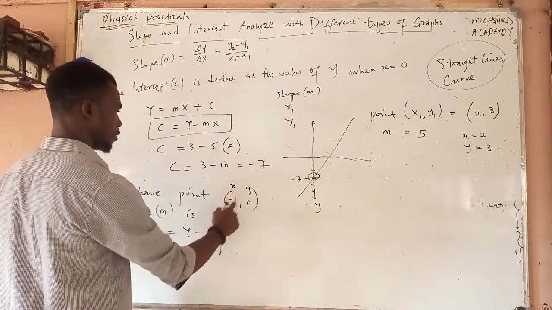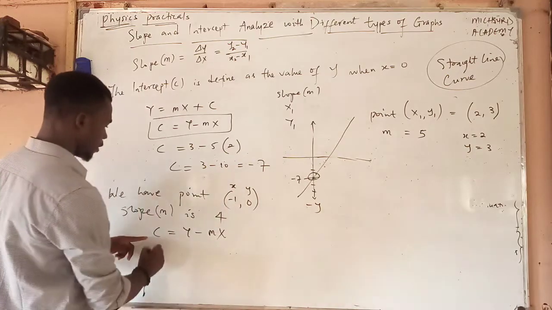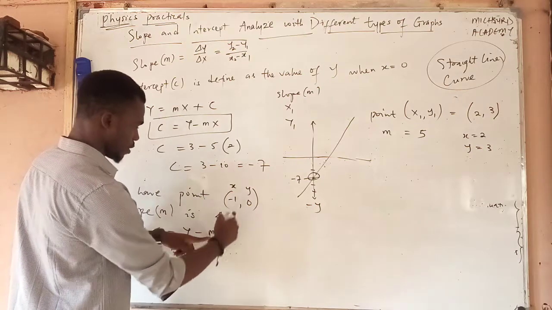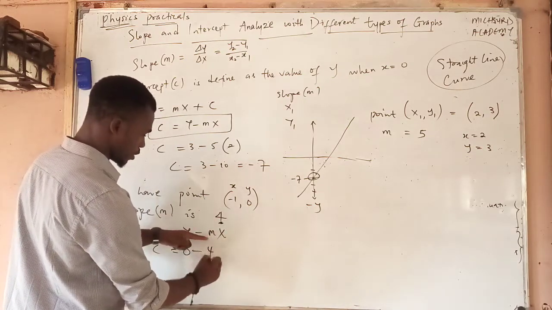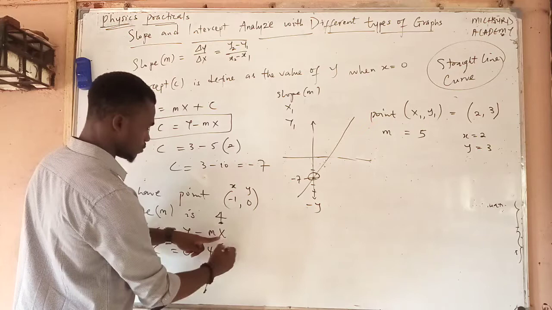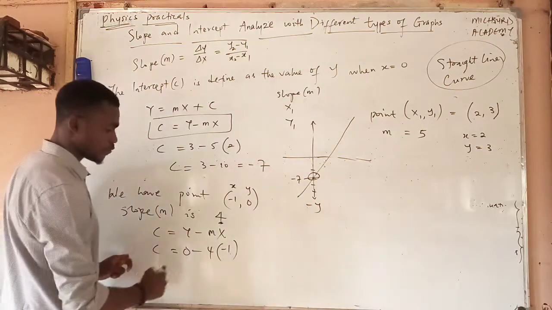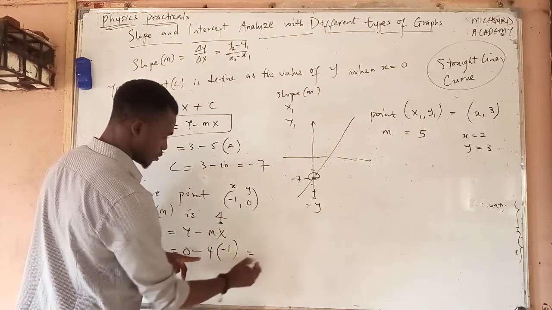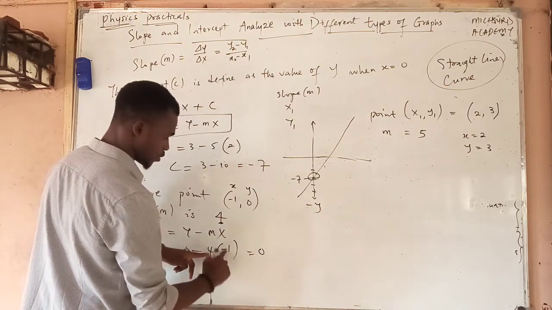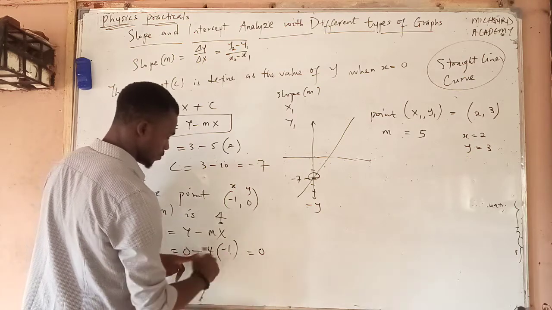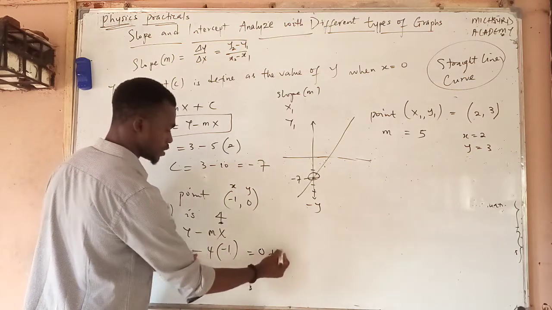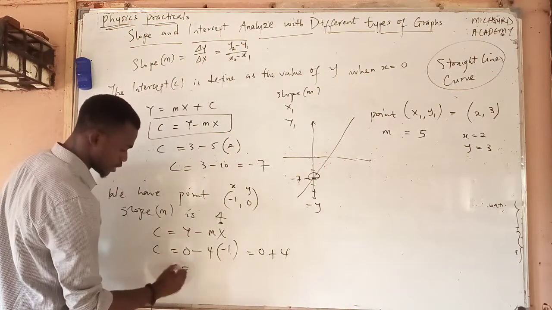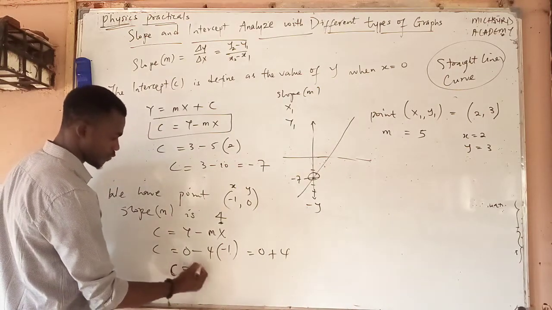Our x is minus 1, y is 0. So the intercept here will be 0 minus our m, which is giving us 4, that is the slope. Then x is minus 1. So if we solve, this will be 0 minus 4 times minus 1, which gives us minus 4. Then because we have a negative here, it becomes positive 4. So our intercept will be equal to 4.